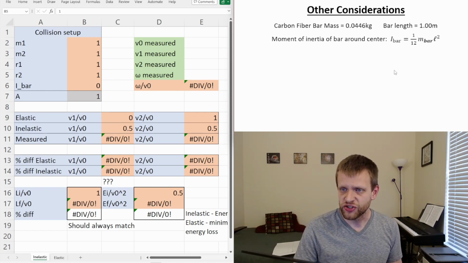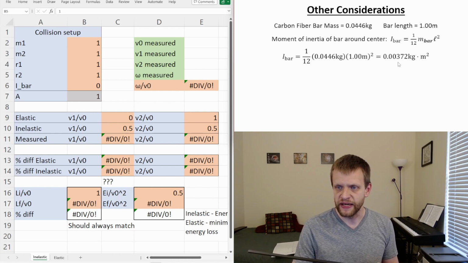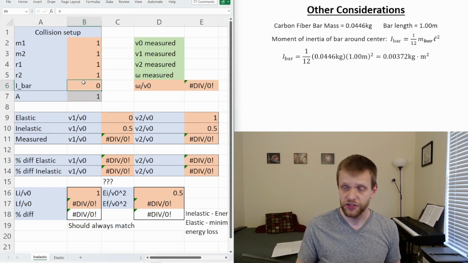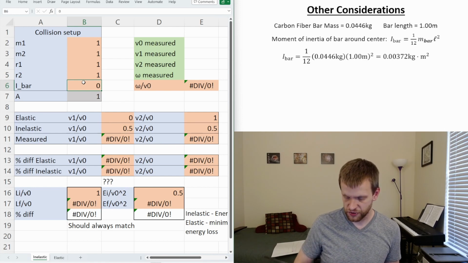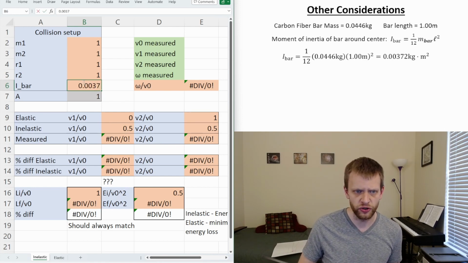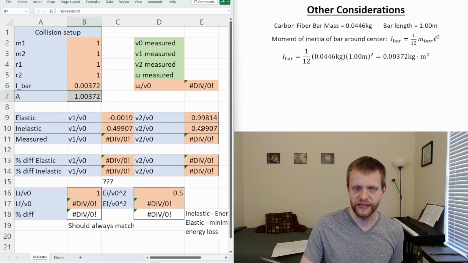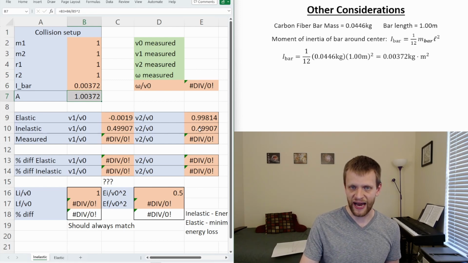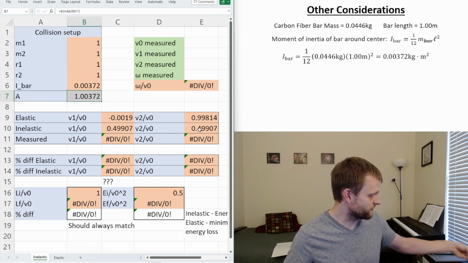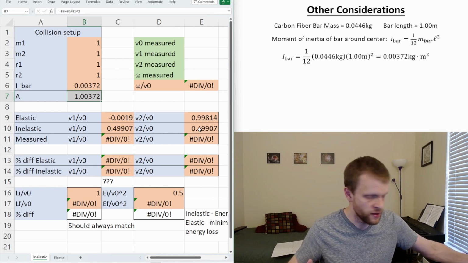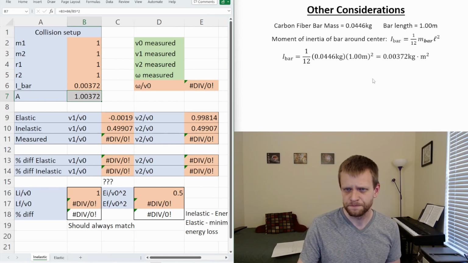But we can calculate this total moment of inertia, and this is going to be a very, very small value. And we can input that into our lever predictions, saying, well, this is our moment of inertia of the bar, and when we do that, we're going to get a very, very slight change in our predicted values for how fast we expect this thing to be going in these different cases.